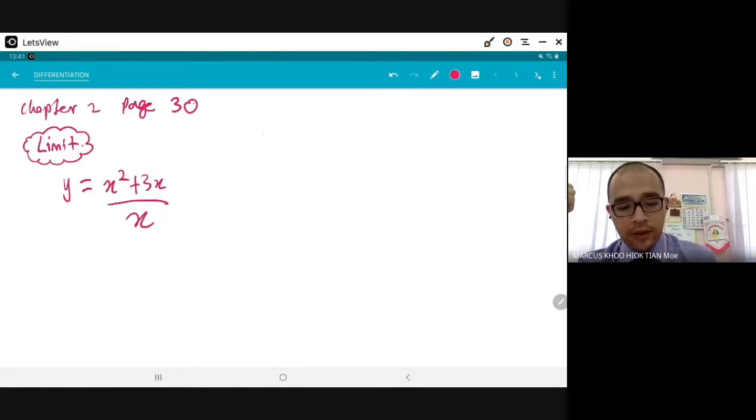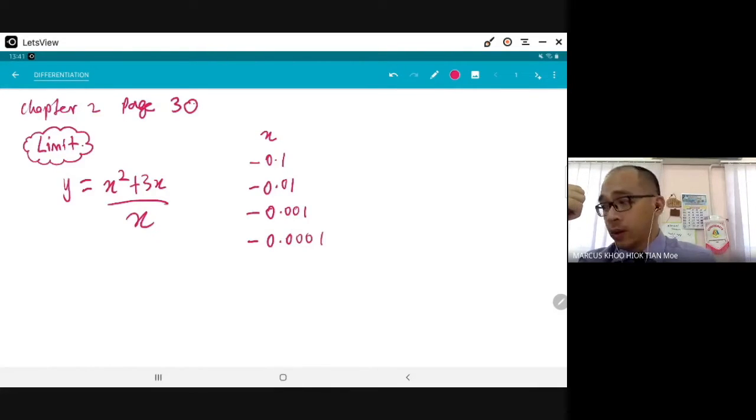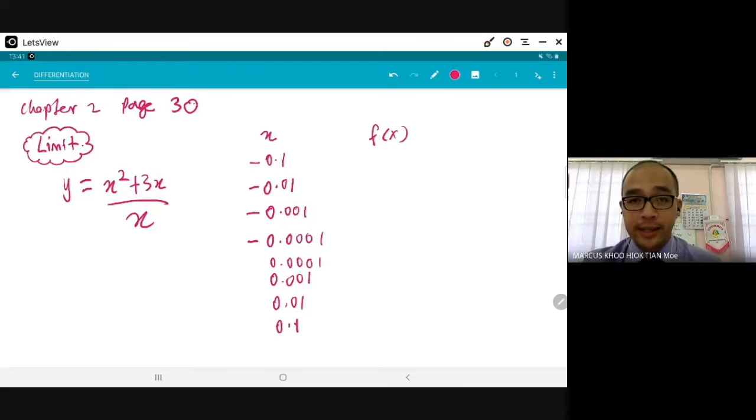If I substitute different values of x, let's say x is negative 0.1, negative 0.01, negative 0.001, negative 0.0001, or if I do the other side, kalau x adalah satu nombor positif, 0.001, 0.01, 0.0001, 0.1, I'm going to get different values of fx or y.